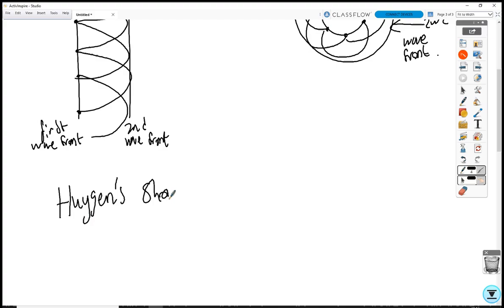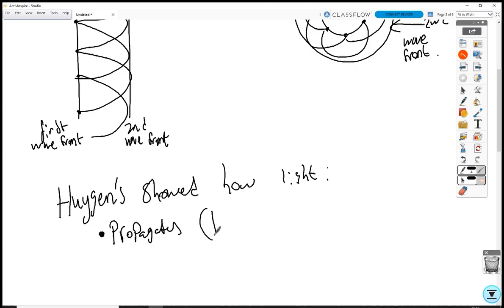So Huygens showed how light propagates through drawings.